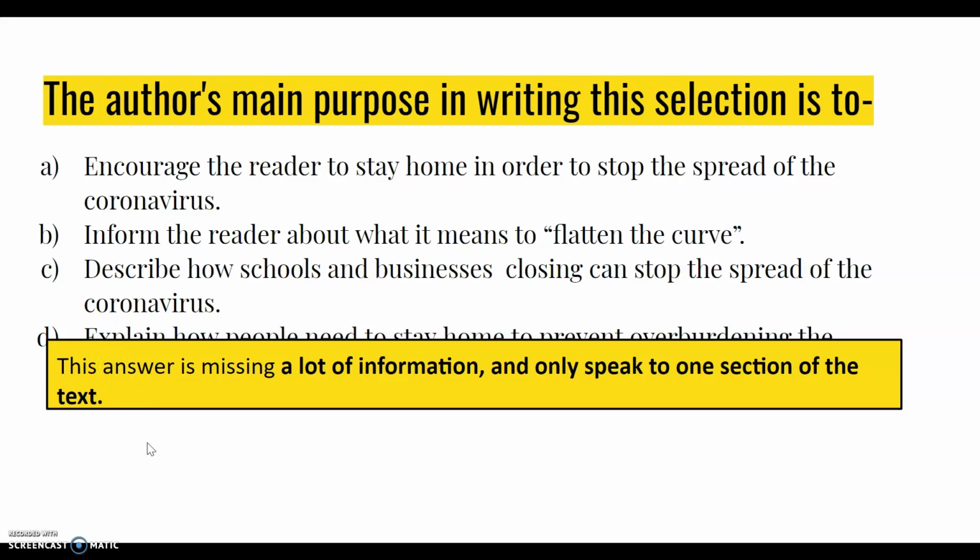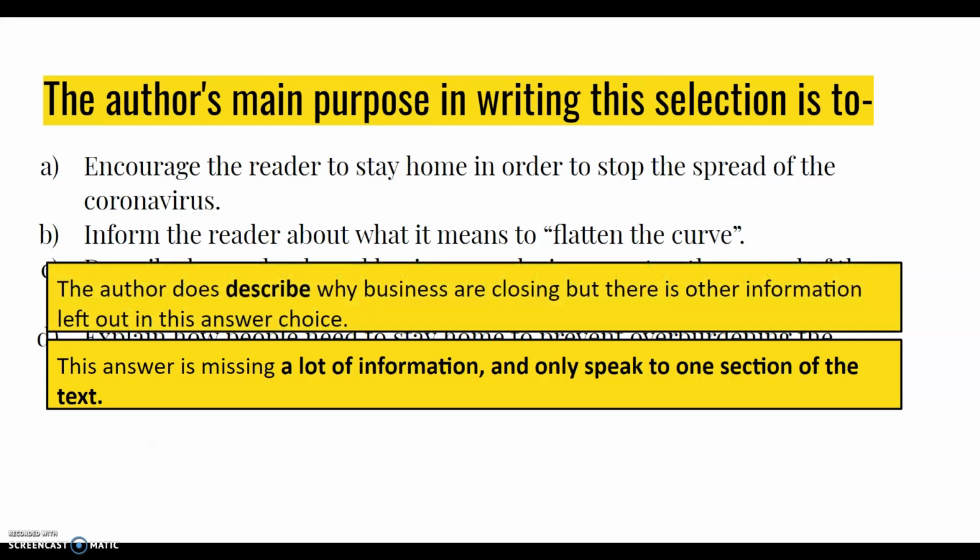Now let's take a look at answer choice C. It states, describe how schools and businesses closing can stop the spread of the coronavirus. Well, the author does describe why businesses are closing, but there is other information left out of this answer choice as well.